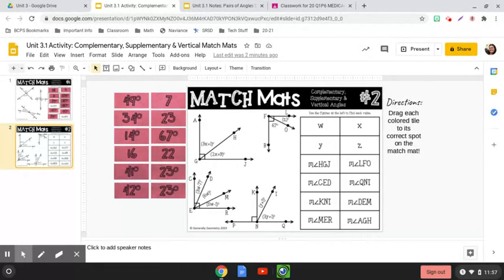Remember, if it is a 90-degree angle, it'll be marked with the boxes. And you just tell your story. So this has 2 parts, so part plus part equals a whole. This has 2 parts, part plus part equals a whole. This one has 3 parts, 1, 2, 3. So that would be part plus part plus part equals a whole.